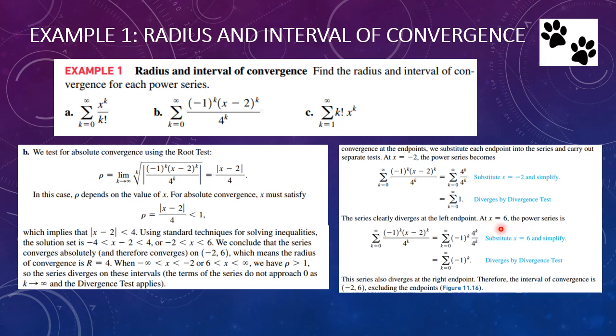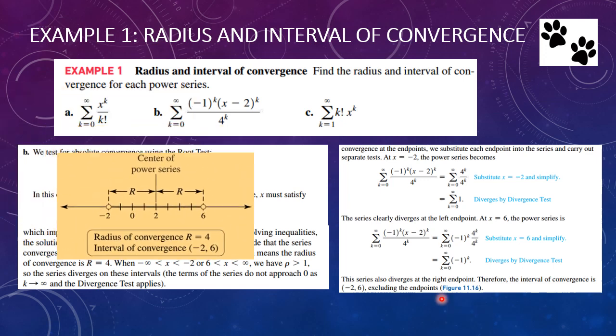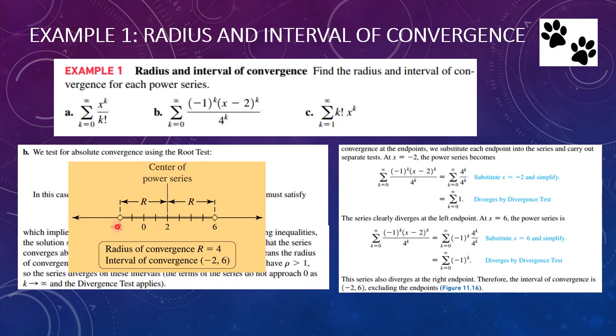When we input x equals 6, the power series simplifies to -1 to the power of k times 4 to the k over 4 to the k, which just simplifies to -1 to the k, and this also diverges by the divergence test. Okay, so we have the interval of convergence is -2 to 6, excluding the endpoints, and you can see that here in the diagram with open circles as far as the interval of convergence.